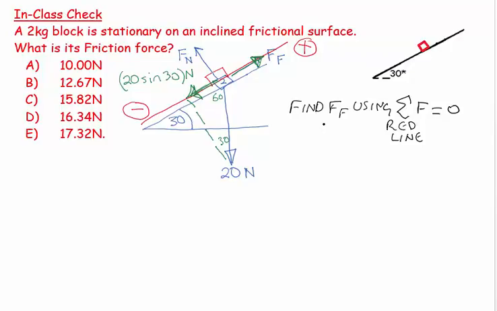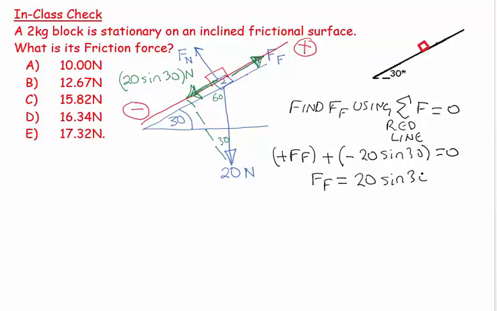And so I can say, in that case, positive Ff added to negative 20 sine 30 equals 0. So Ff is equal to 20 sine 30, which is actually 10 newtons. So Ff is equal to 10 newtons. I can put that in a nice little box. And there it is.